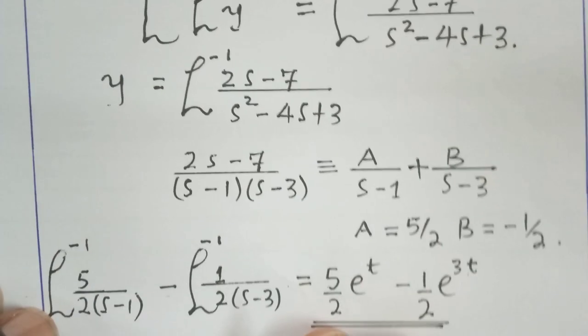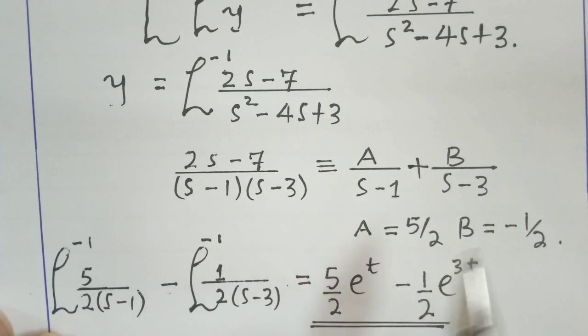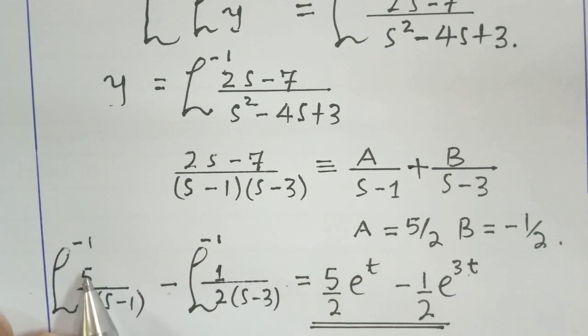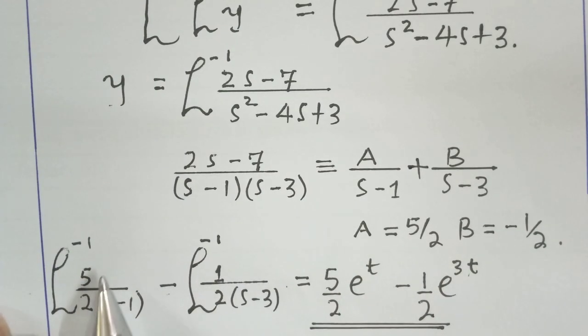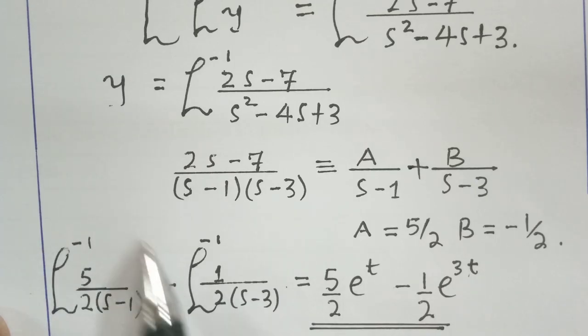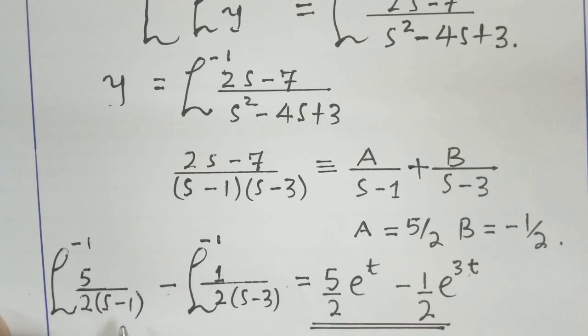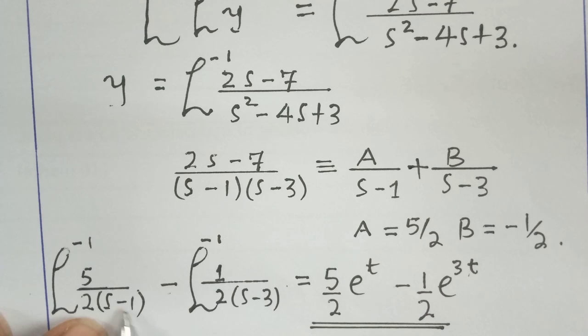After you have gotten your values for A and B, you come and do the inverse Laplace transform for that. Because of this s-1, this tells you that there is a kind of shift theorem here, and that's why we have e raised to t. And this other one, we have s-3.